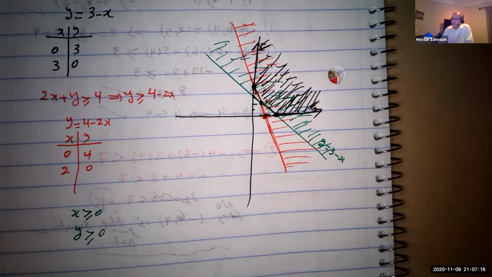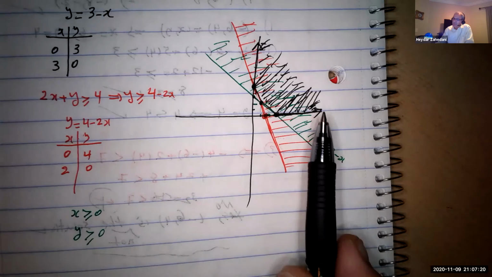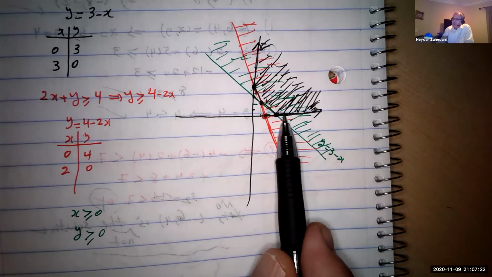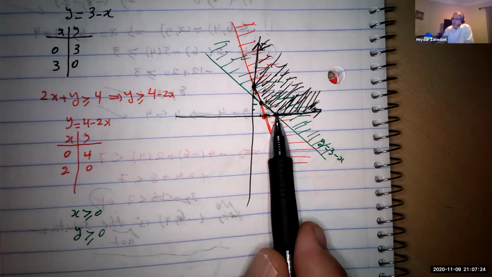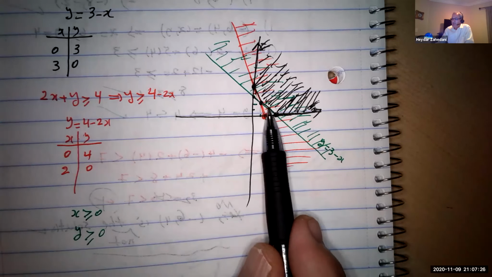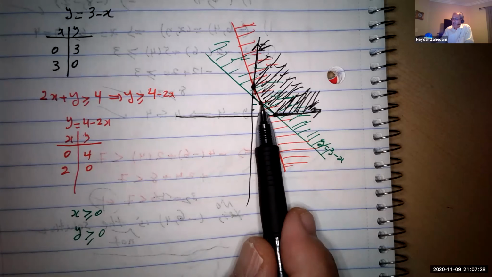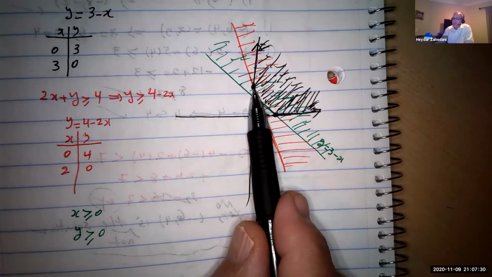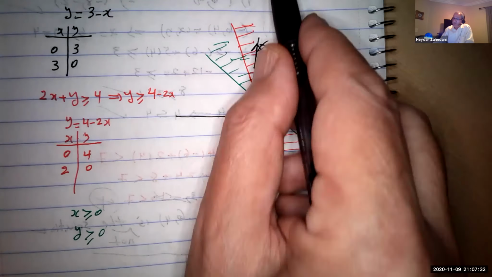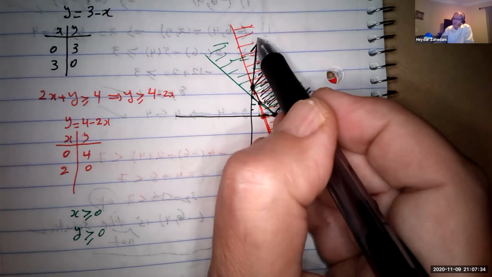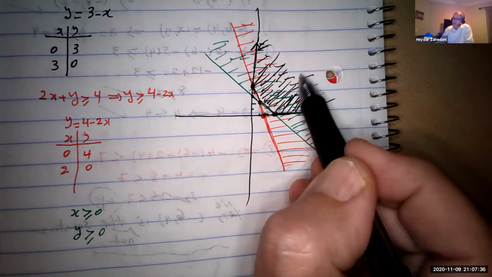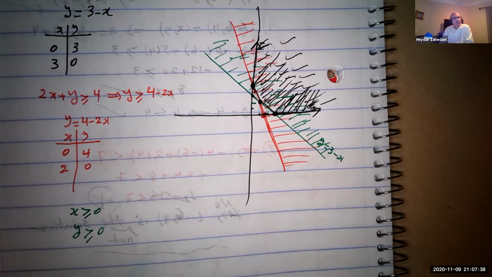Okay, the region that they share together. So what I did, I came here. Okay, so this is the green one. We cover the red one. So I get over here. Then I get to the y-axis and just keep going up. Okay, going up. So this is going to be the region of the question for us.